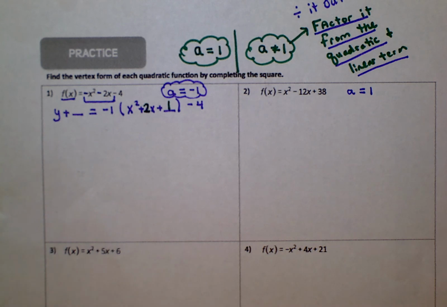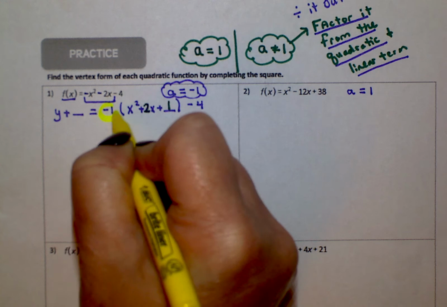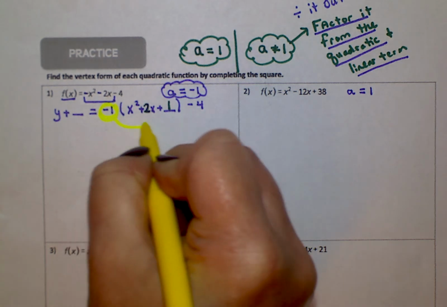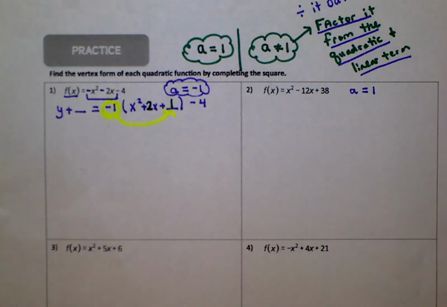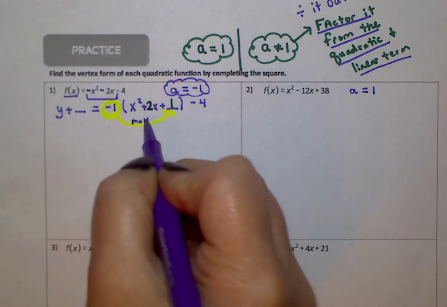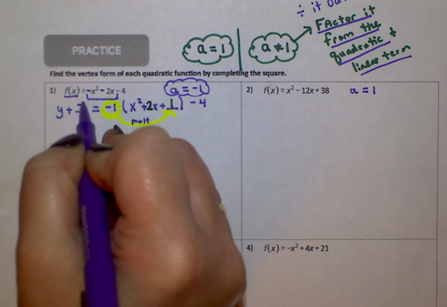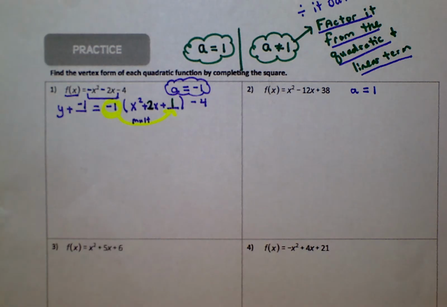Now, to get your other blank, you have to multiply this number to that blank. So if I multiply negative 1 to 1, I need to put a negative 1 on that side.